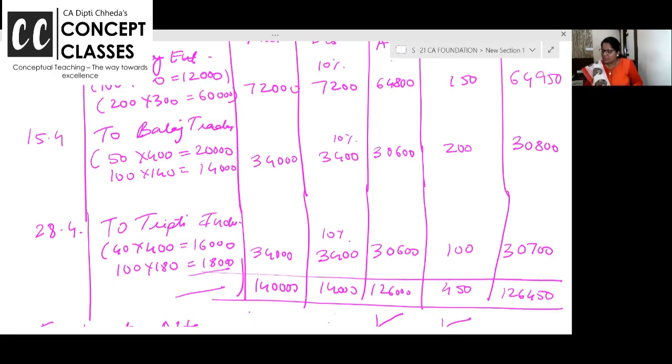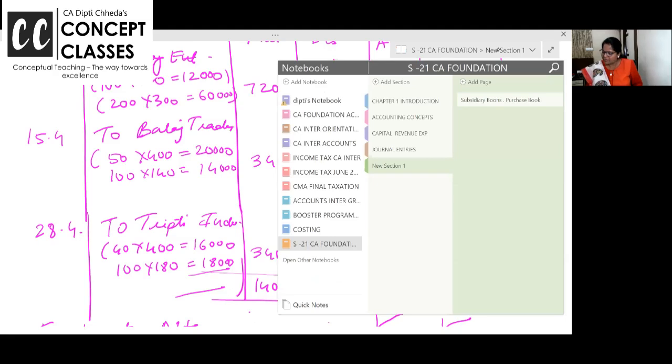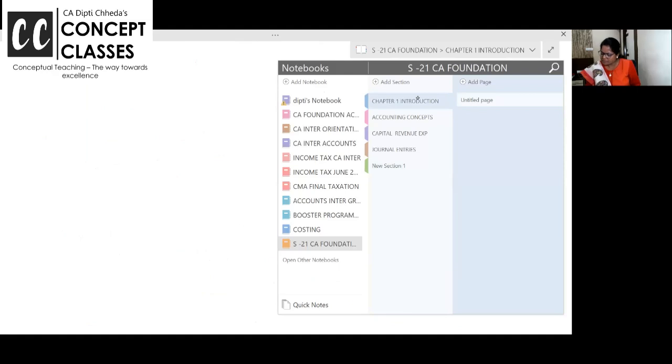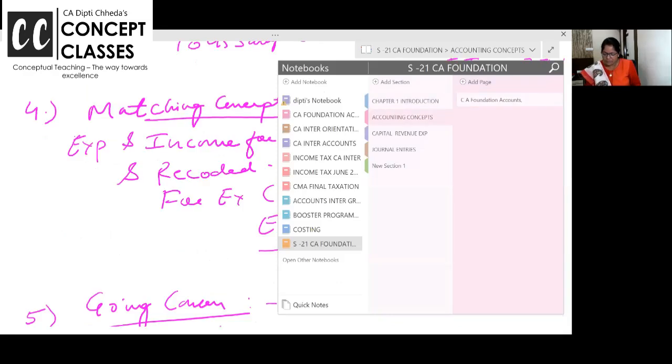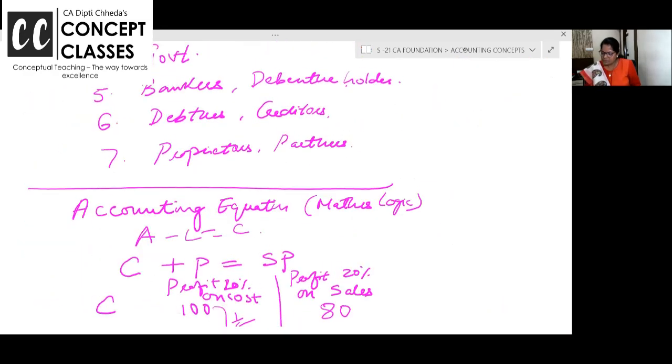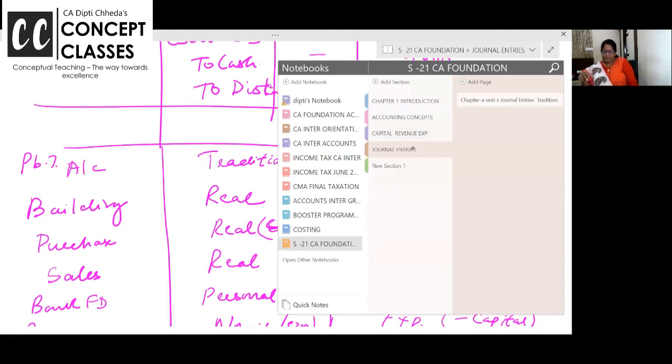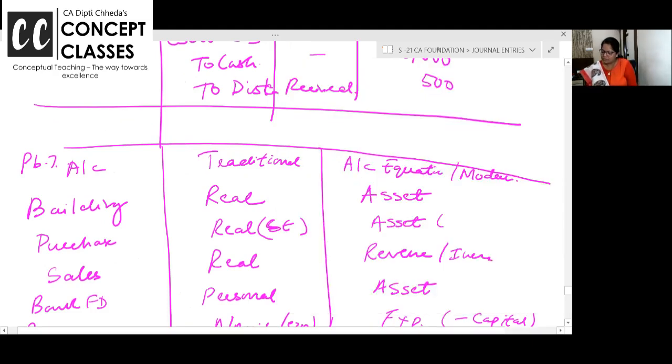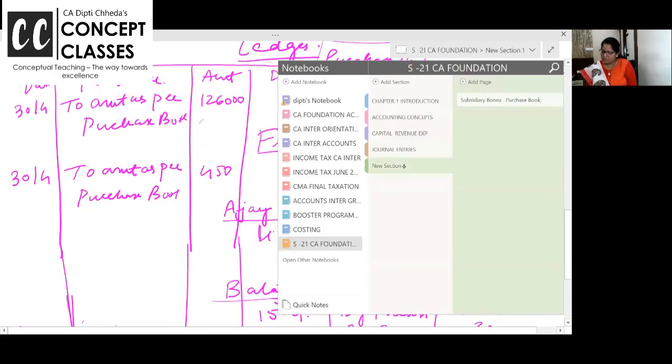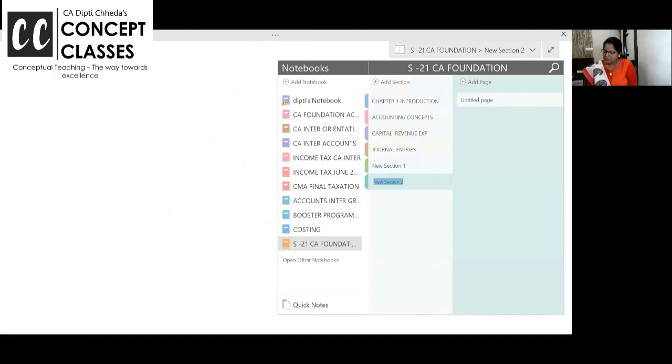ठीक है? चलो. We will go to the booster notes and we will write there. Booster notes हमने अलग बनाए थे ना? चलो we will make now. एक नया कॉलम बना लो बूस्टर नोट्स का.